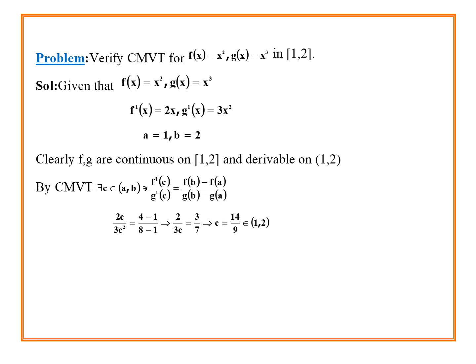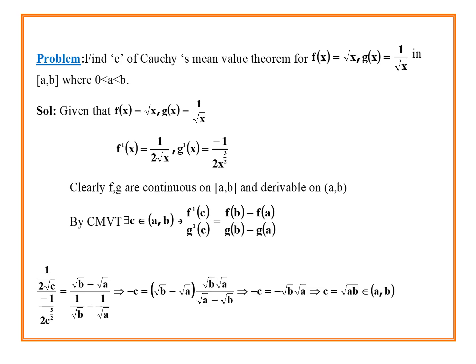That implies 2 by 3c is equal to 3 by 7. What is the c value? c is equal to 14/9, which belongs to the open interval (1, 2). So here clearly Cauchy mean value theorem is verified on the given interval [1, 2].